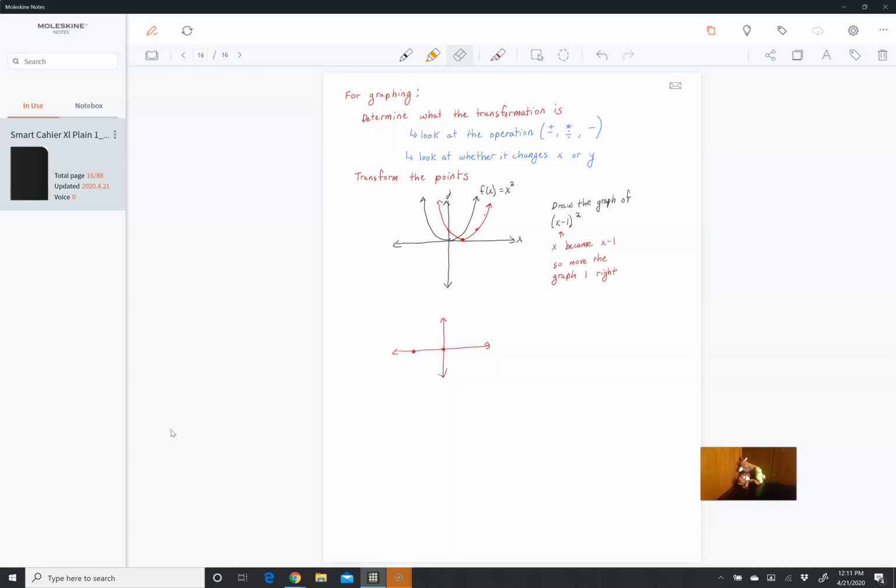let's do this one. Where this is f of x equals the absolute value of x plus 4, and it said draw the graph, it'll either say negative f of x, let's say, or negative absolute value of x plus 4.